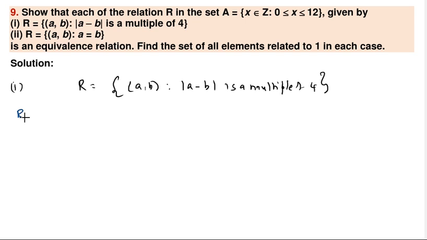Reflexivity. For reflexivity, we have to take one element from the set A. Let a belong to the set 0 to 12.